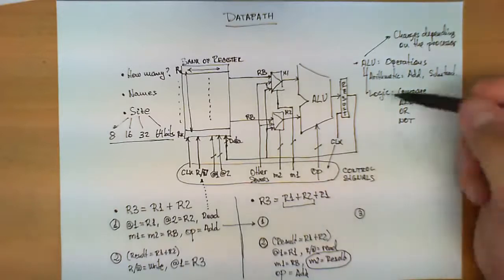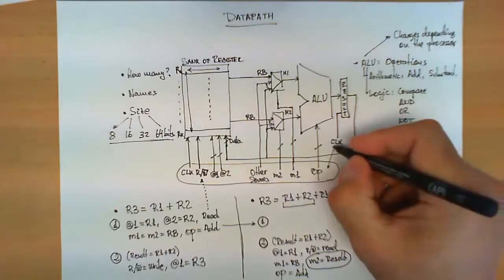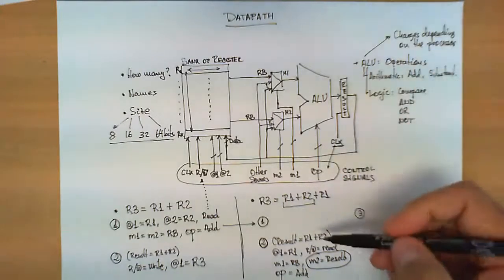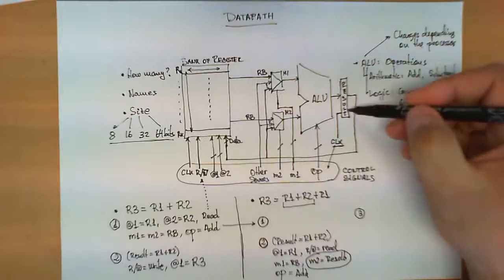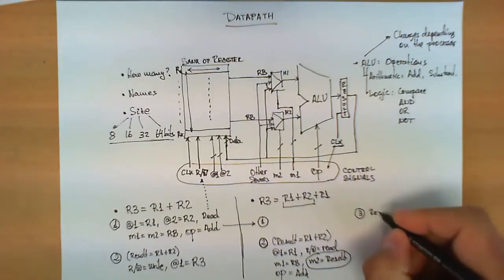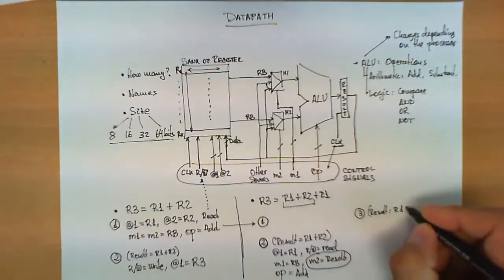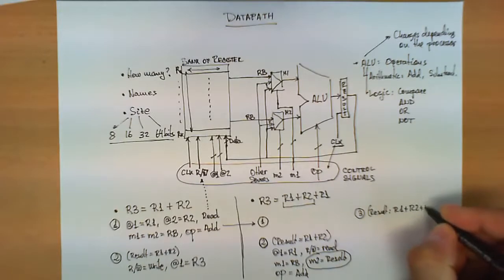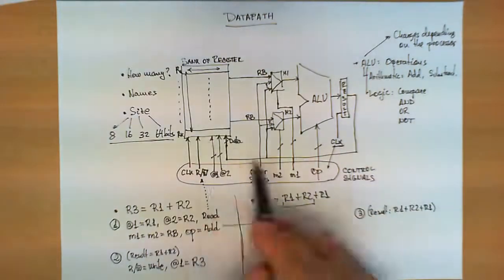On step number 3, when the clock ticks again, that addition, which is R1 plus R2 plus R1 again, is captured in this register over here, and therefore result now contains R1 plus R2 plus R1, and what we have to guarantee is that this result is written back.